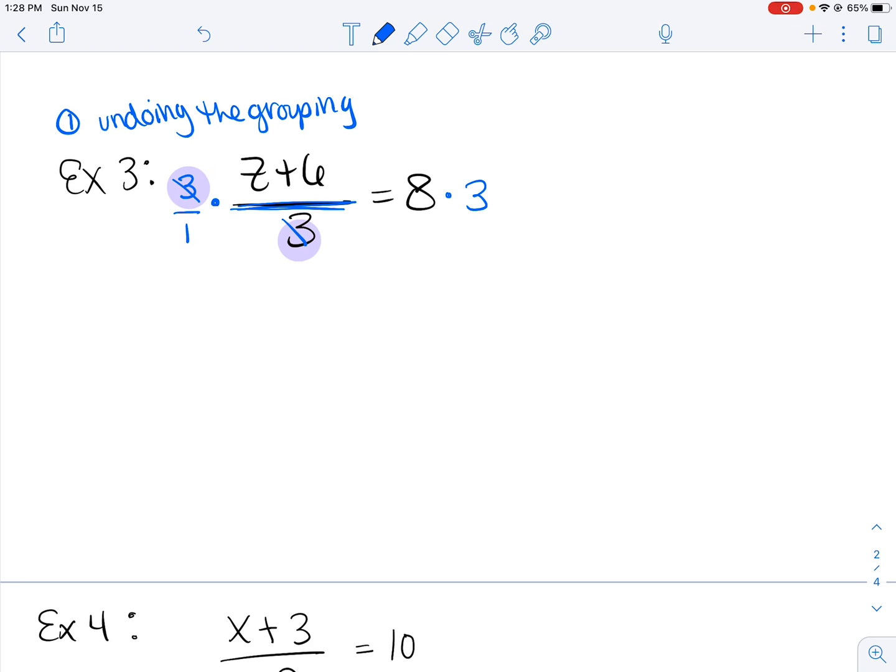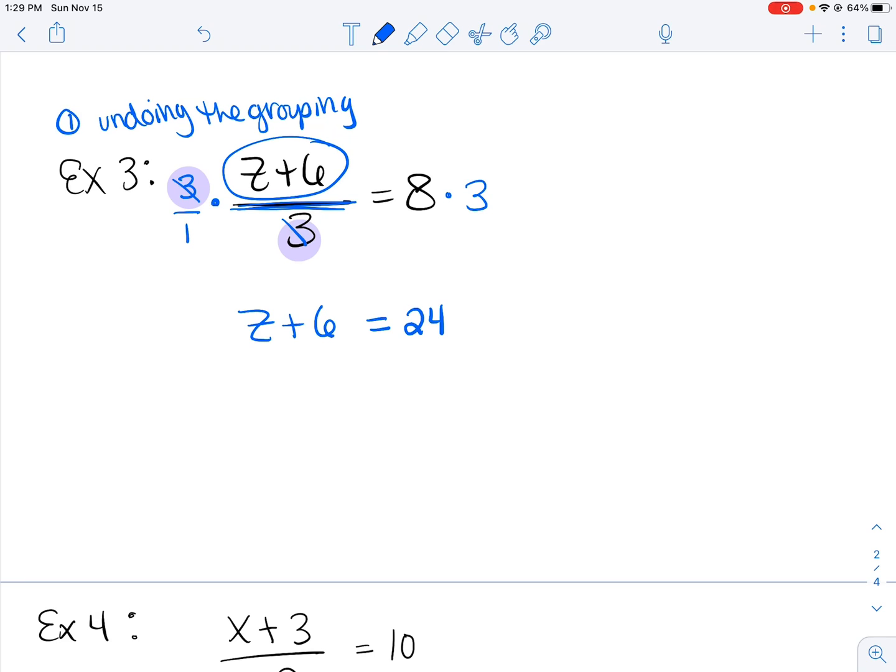So 3 and 3 cancel, so that just leaves me with z plus 6, technically over 1, but when we write something over 1, that's the same as itself. So I'm not going to write that to make it easier on myself. So just z plus 6 is all we have left. And on the right side, that would equal 24.